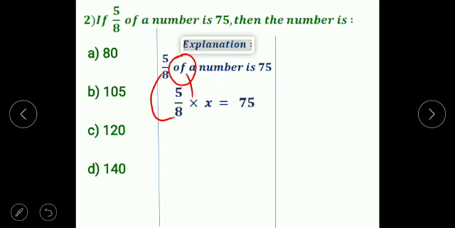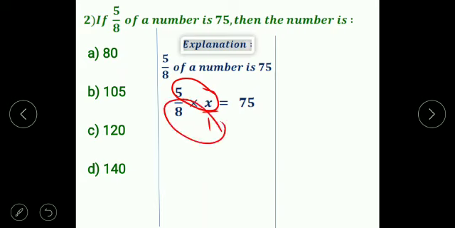So again the same concept here, multiplication of fraction, right? The denominator of x is not given. So 5 into x, what is the answer? 5x. 8 into 1, what is the answer? 8. So the next step is 5x upon 8, which is equal to 75.